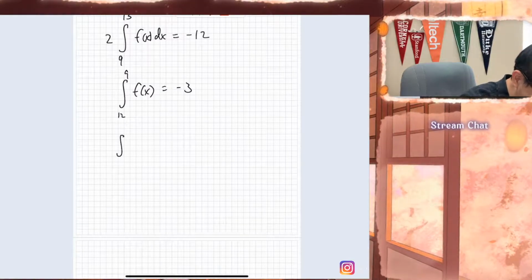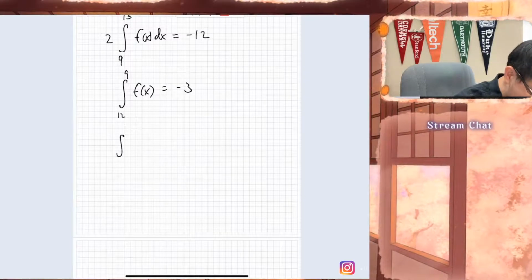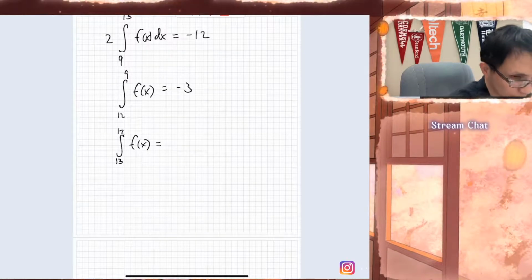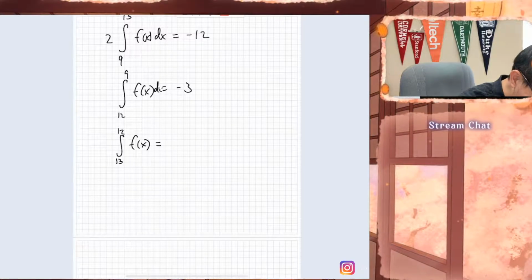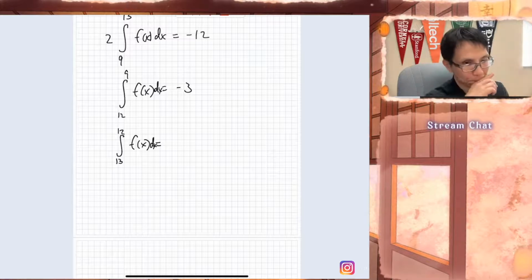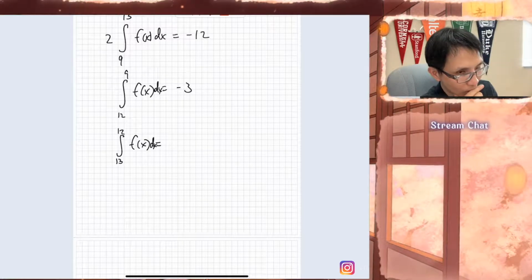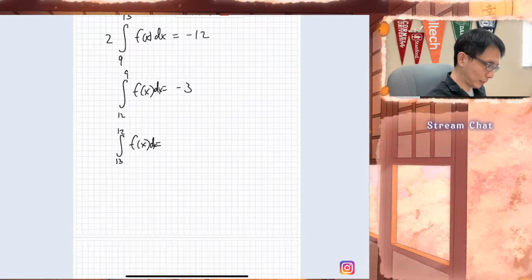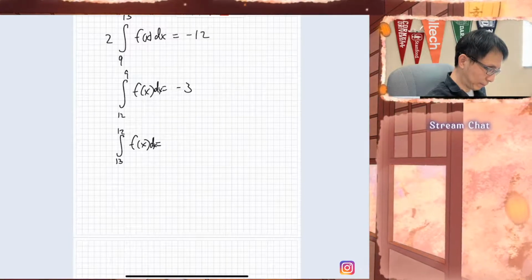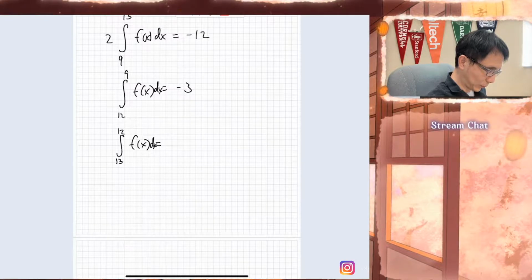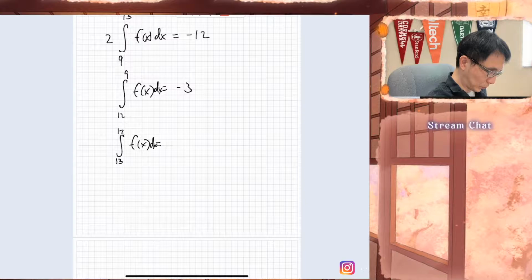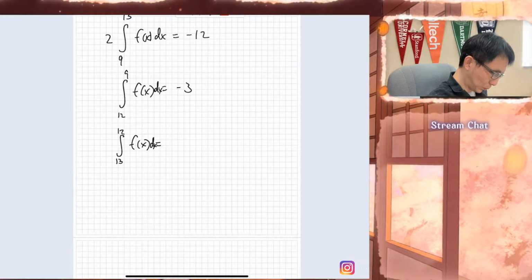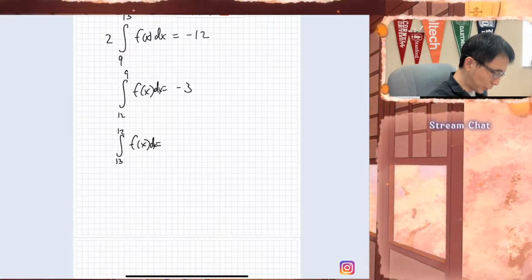So my question is, what is the integral between 13 to 12, and I need to have dx. What do you guys think?